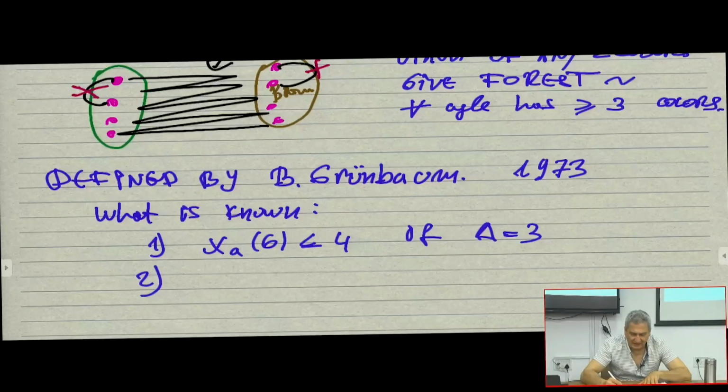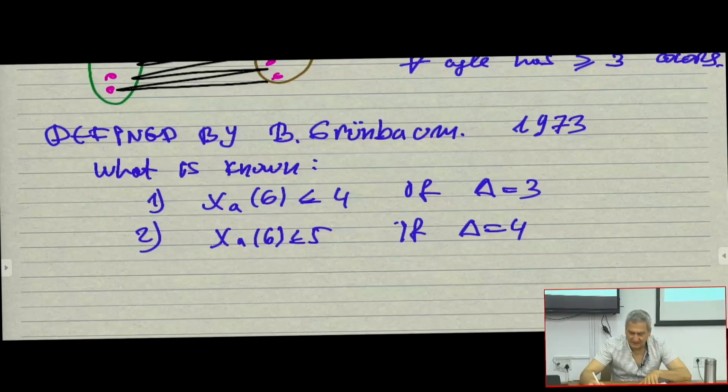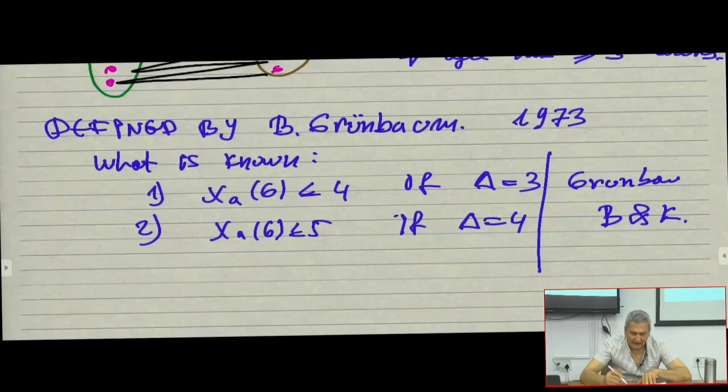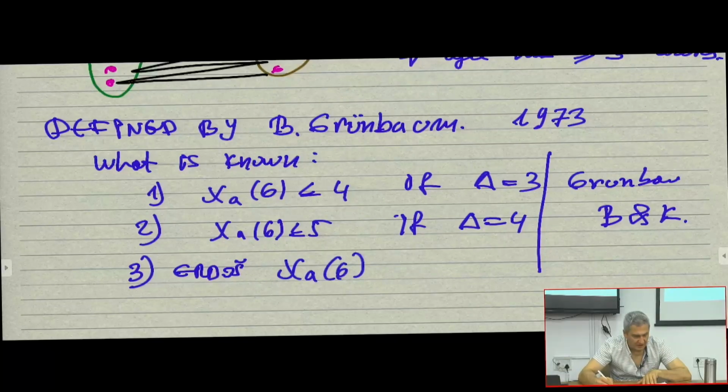Then it was proved later that it is at most 5 for delta equal to 4, by Kostochka and Bernstein, and Grünbaum. Okay. Erdős proved that there exist graphs for which this is bigger than delta to the 4/3 minus epsilon.